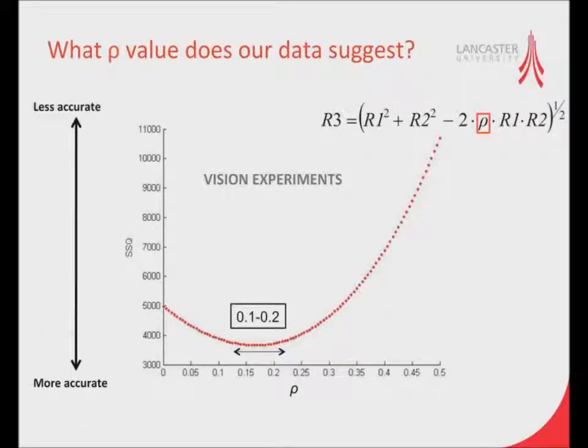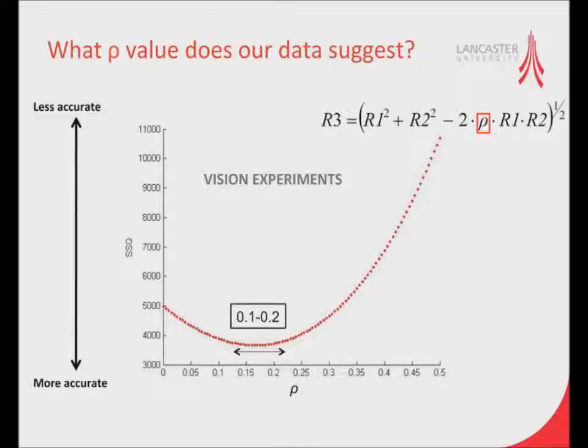So how much rho does my data suggest? I ran a similar type of iterative fit. On the x-axis, I looked at different values of rho, different values of correlation, and on the y-axis, again, the sum of squares. So what is the difference between predicted and actual measurements? Again, you want the SSQs to be the lowest possible, which suggests the lowest error rate possible.